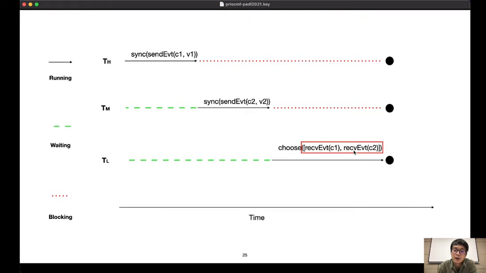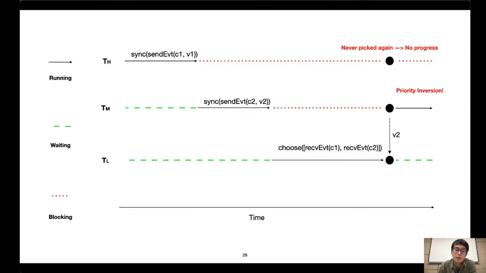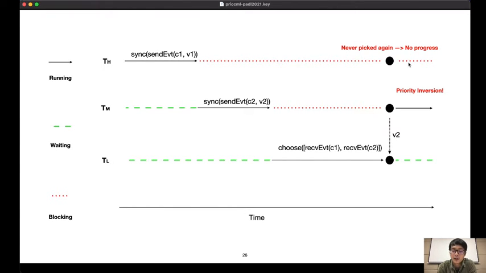And if CML picks the receive event from C2, then we are going to unblock the medium priority thread. It's going to have the medium priority thread up and running. As a result, the high priority thread will never have a chance to pick again, and it's not going to make more progress after this communication.